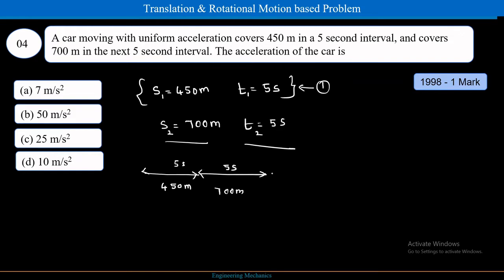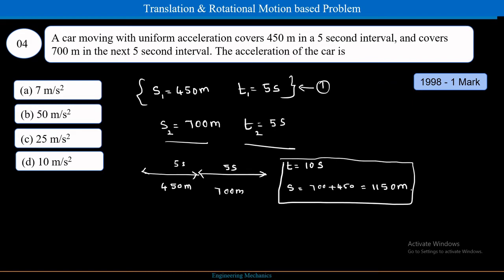So now I can say the total time taken is 10 seconds to cover the distance of 700 plus 450, which is nothing but 1150 meters, right? This is the important one, this is the concept. Okay, this is my first half and this is my second half. So totally in 10 seconds it is covering 1150.